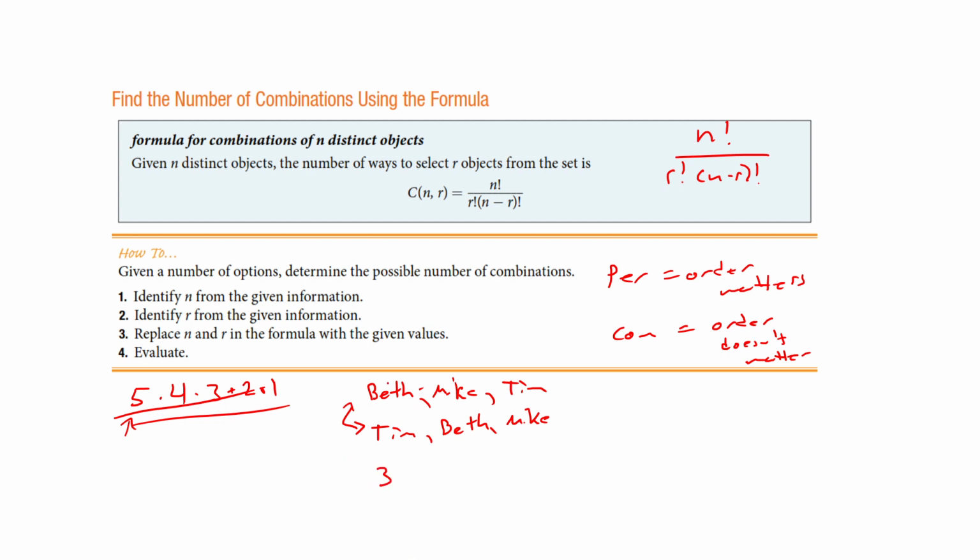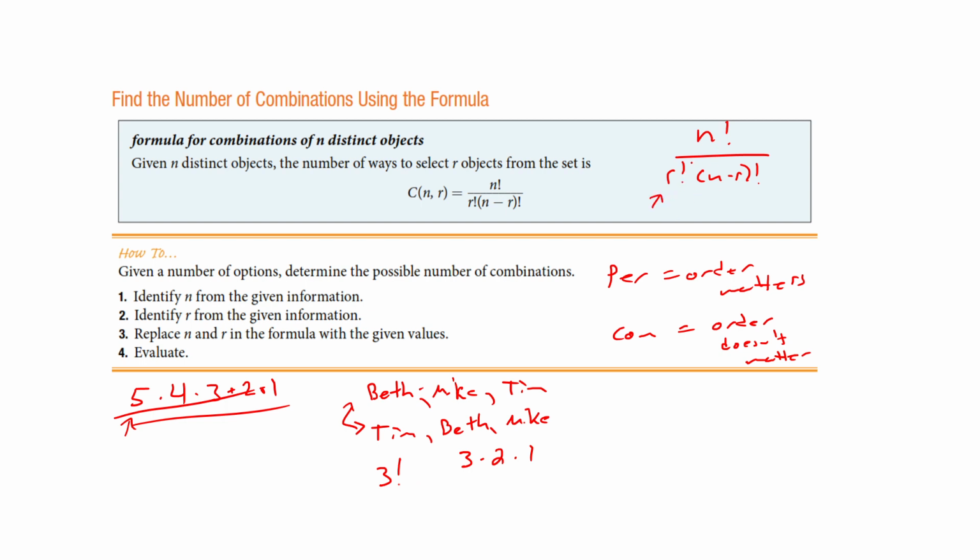If you have Beth, Mike, and Tim, there are 3 factorial ways you could arrange them. It could be Beth, then that leaves the other 2, then the other 1. So how many ways can you arrange 3 people? It's 3 factorial. What this formula is doing is saying, hey, we have some repeats.